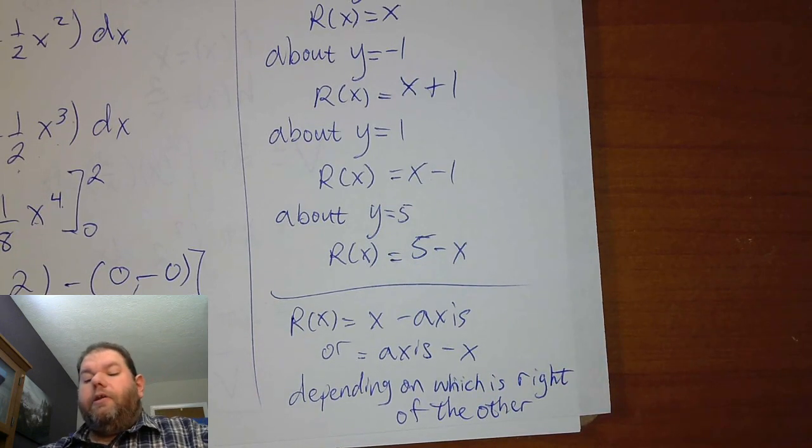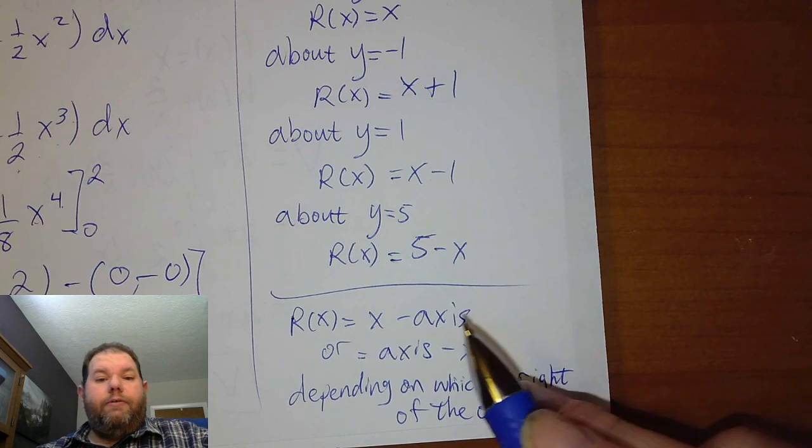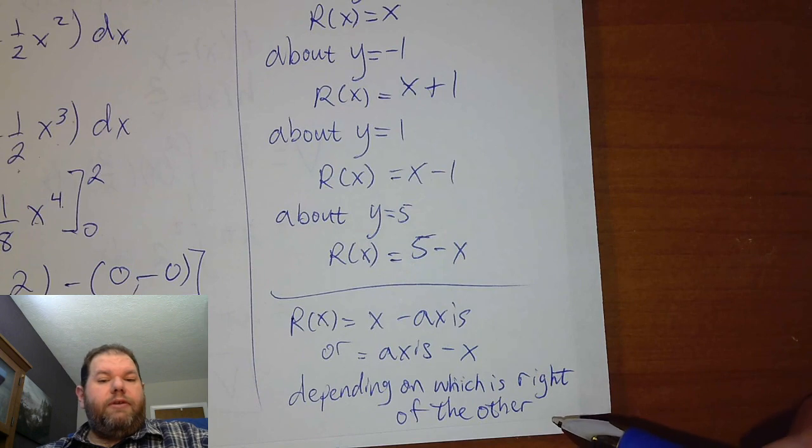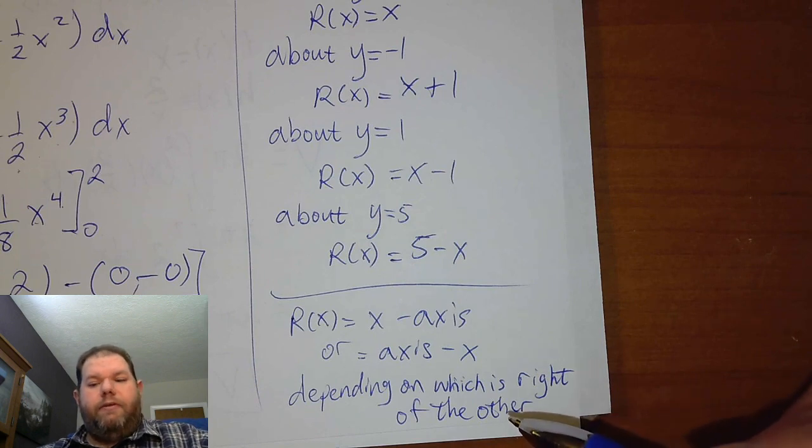Okay? So either x minus the axis or the axis minus x. And we said it depends on which one's to the right or the other. It's always right minus left.